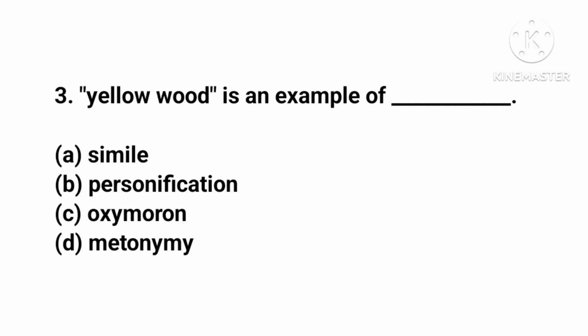Excellent! It is metonymy. Yellow wood is used to symbolize autumn. It is replacing the term autumn. So that is why it is an example of metonymy.